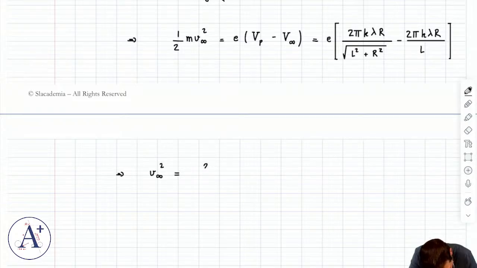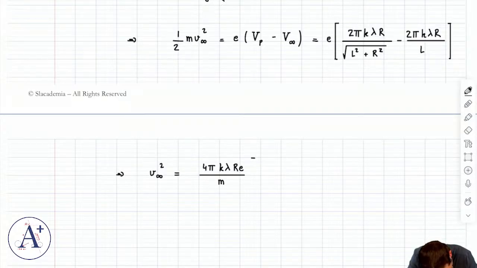Okay, we can factor out a whole bunch of stuff here. So we can factor out the whole numerator. It's going to be 4 pi k lambda r e divided by m. I multiplied by 2 here, and I had a 2 here, so that's why I got 4.